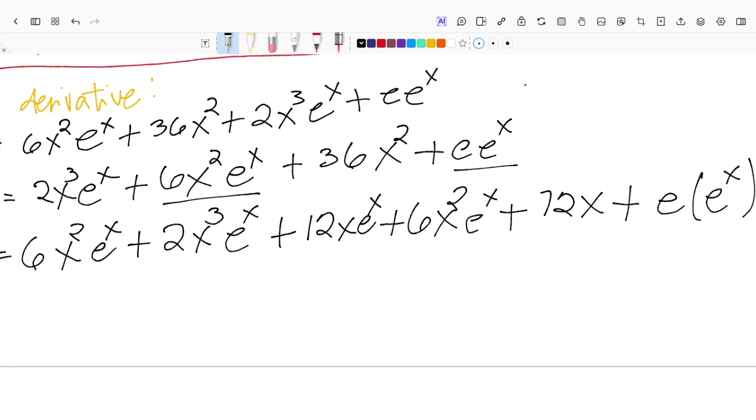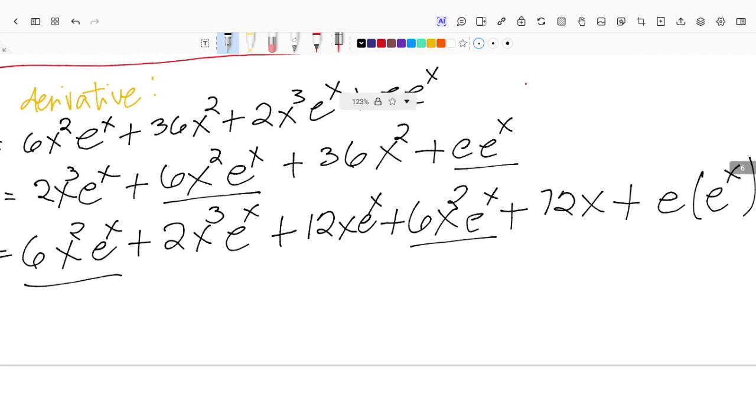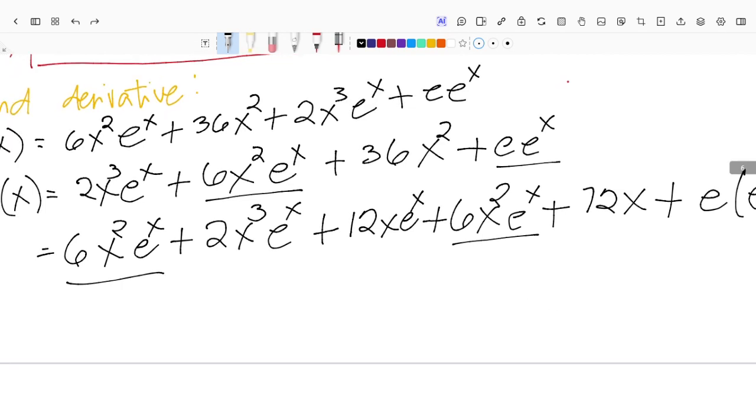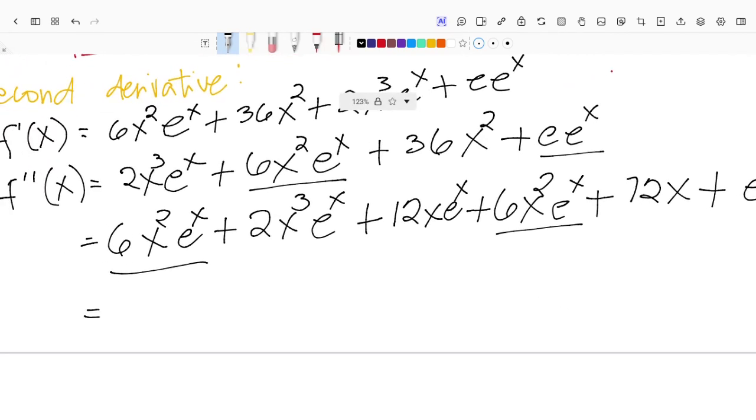There are no like terms here, so we just need to combine. So first, let's combine like terms.